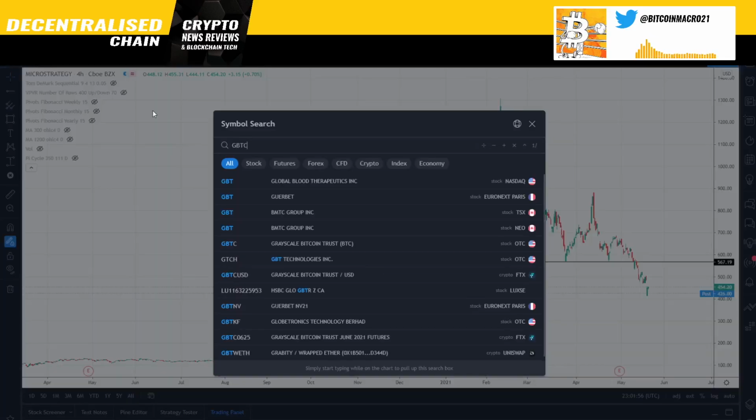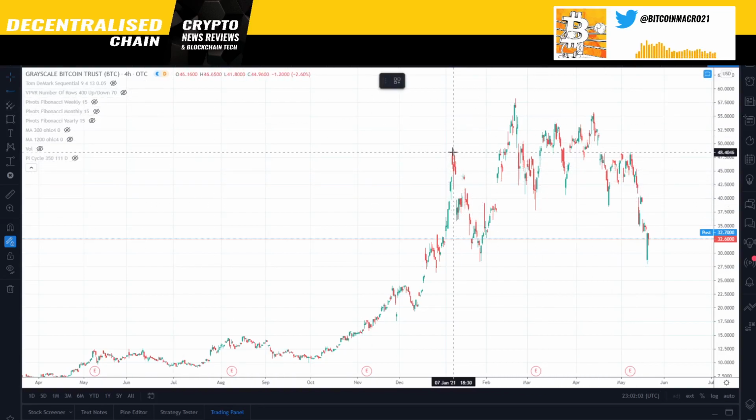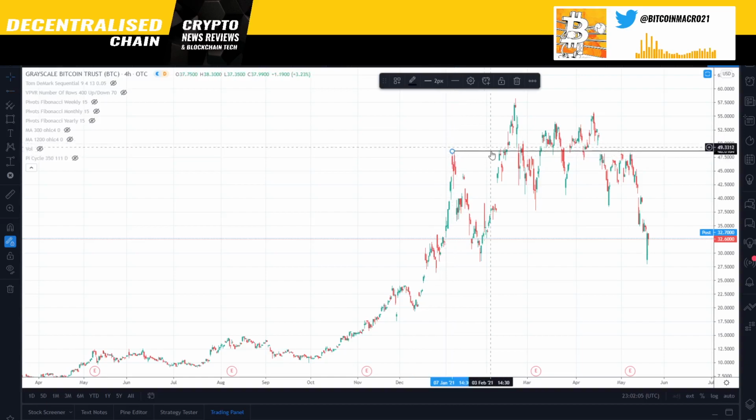Now, if I look at GBTC, the price alone, we can see that that was a little bit of a distribution. We can see that we had that top initially in January. The price didn't really manage to stay above it or really go much higher. We have seen that there has been a steep discount.